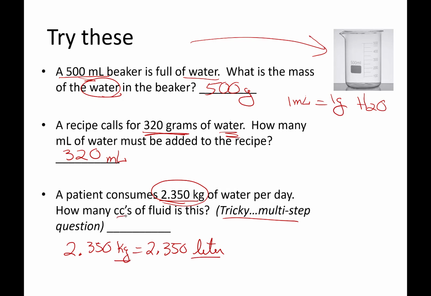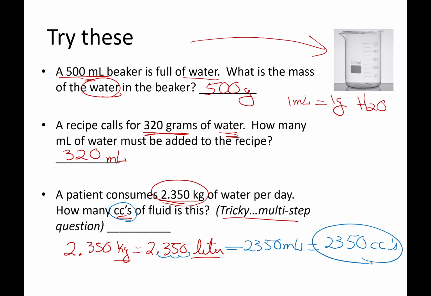In order to get to cc's, we've got to go from liters to milliliters. So I'm going to go boom, boom, boom. 2,350 milliliters, and a milliliter is equivalent to a cc. So the answer is going to be 2,350 cc's.